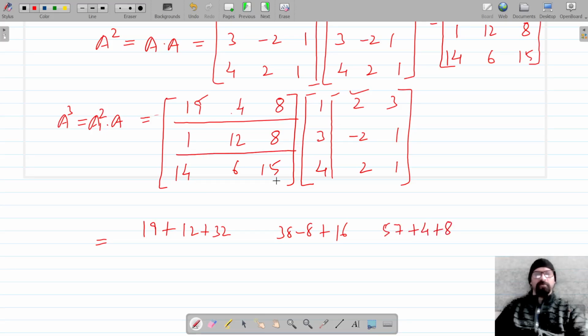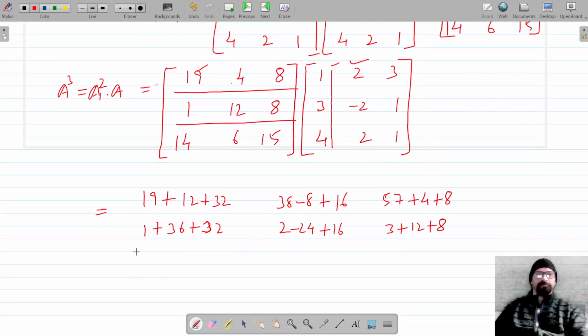Then the second row with all the columns: 1 into 1 is 1 plus 12 into 3, 36 plus 8 fours are 32. Then 1 into 2 is 2, 12 into negative 2 is negative 24 plus 16.